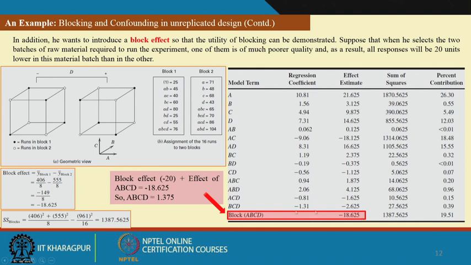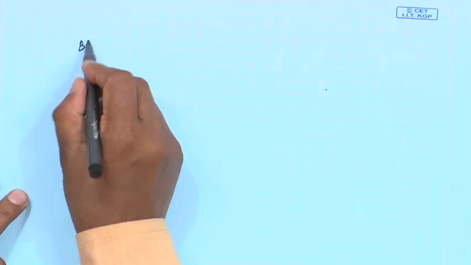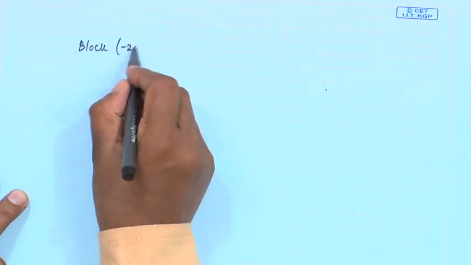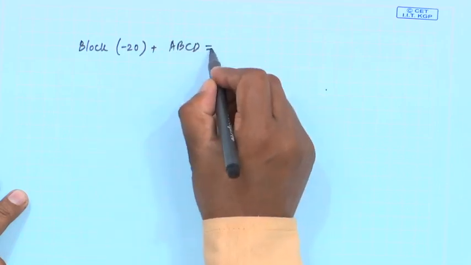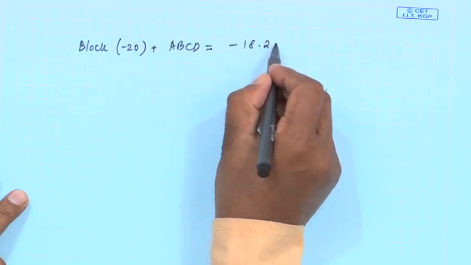The last row here talks about both effects together, and as we already know the block effect is minus 20, then block effect plus effect of ABCD is this. So, block effect, that is minus 20, plus ABCD, confounded, is 18.625.